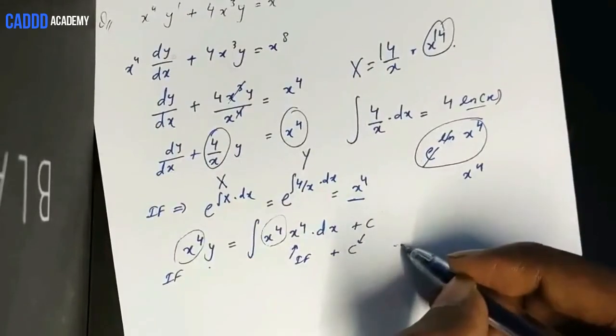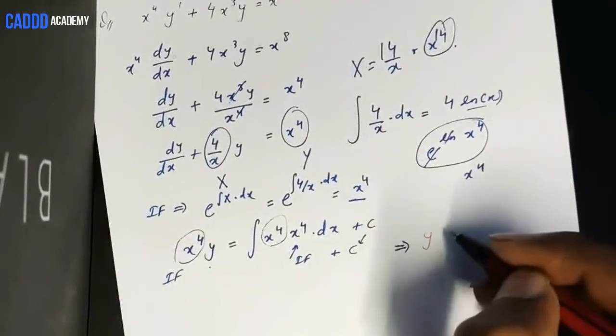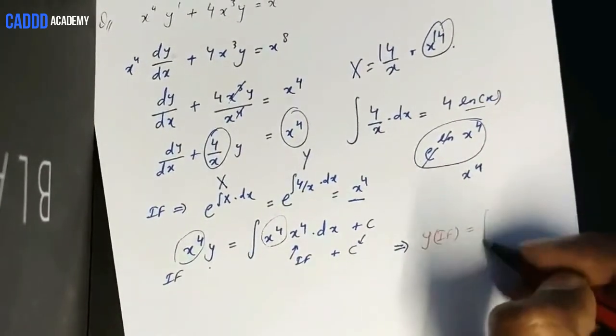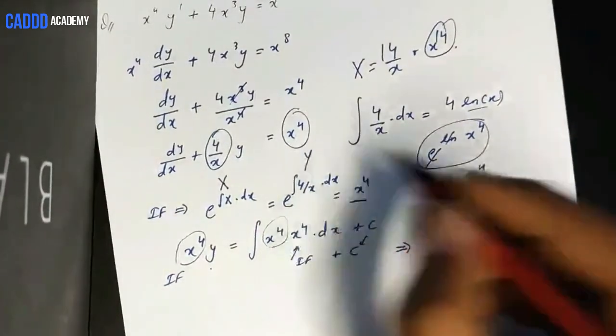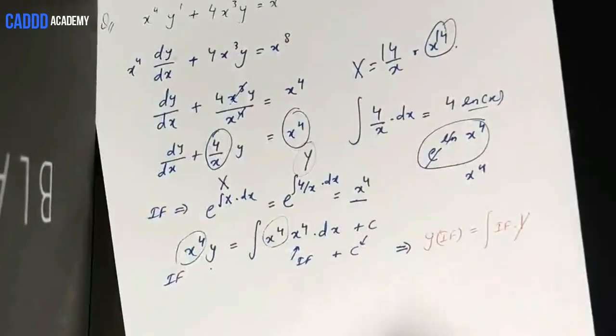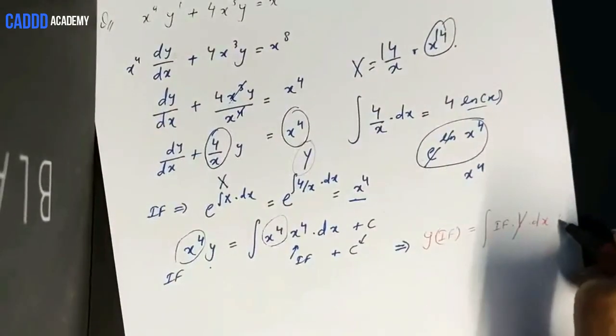So writing the general form, y into integrating factor is equal to the integration of integrating factor into this big y, this one y, into dx, plus c.